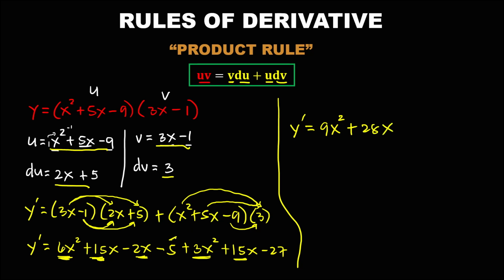Then for negative 5 and negative 27, since they have the same sign, you add and just copy the sign. So this is negative 32. So this is now the derivative.